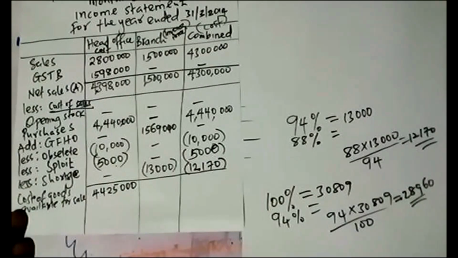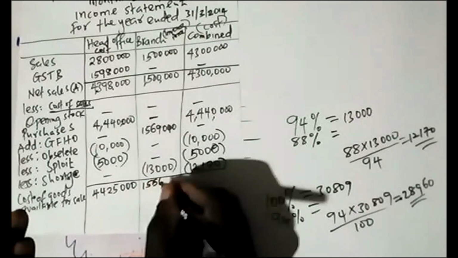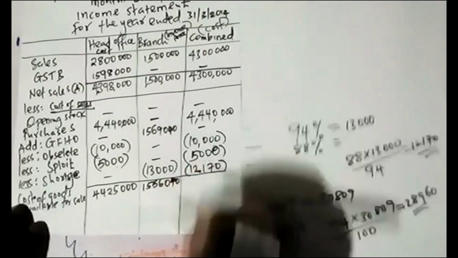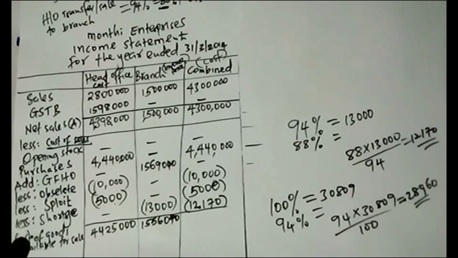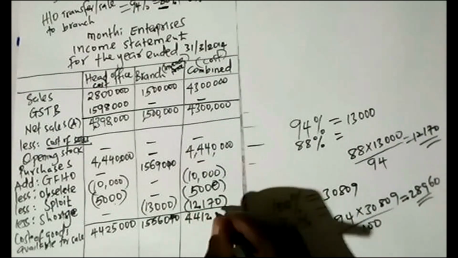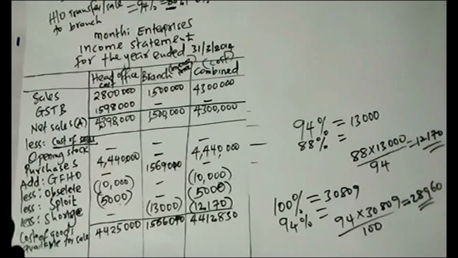Then the other one would be 1,569,040 minus 13,000, that is 1,556,040. Then the last one will be 4,412,830.